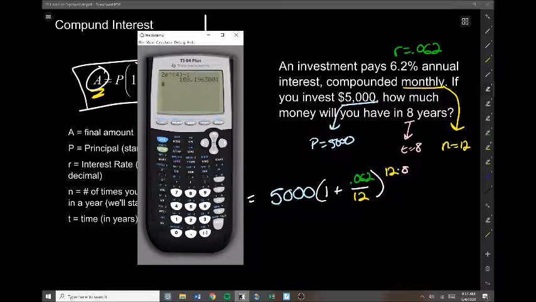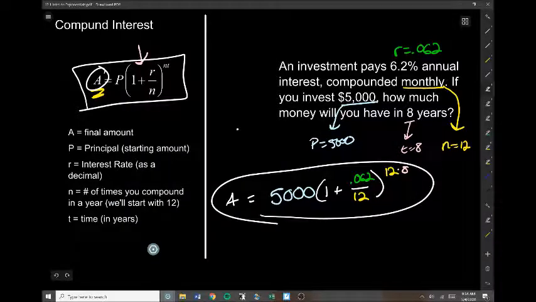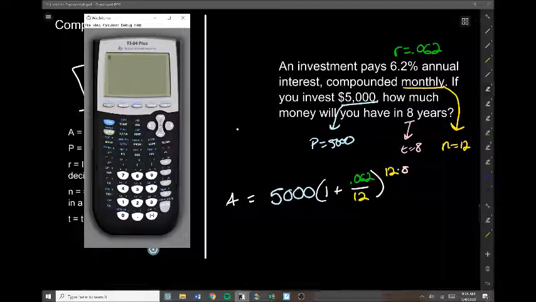Now I just type this into my calculator. When you type it into your calculator, you want to be very particular with your parentheses. I'm going to do 5,000, parenthesis, 1 plus 0.062 divided by 12, close parenthesis, to the, and then this exponent also has to be in parentheses, 12 times 8.